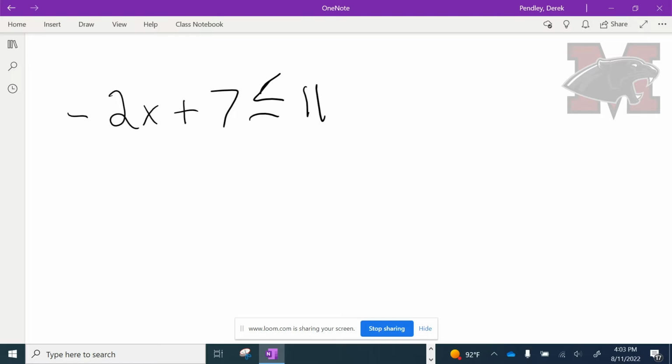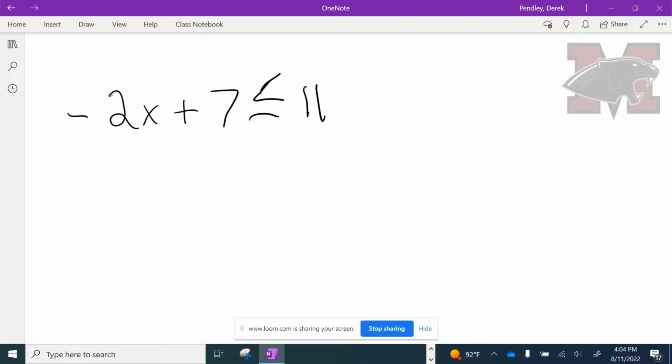So I'll say that again. Equations and inequalities, you treat them the same when you're doing the algebra work, except for one exception. If you multiply or divide by a negative number, you flip the signs. So what do I mean by flip the signs?